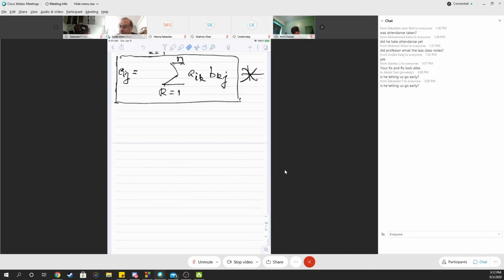Suppose I take a 3x4 matrix, 3 rows, 4 columns.